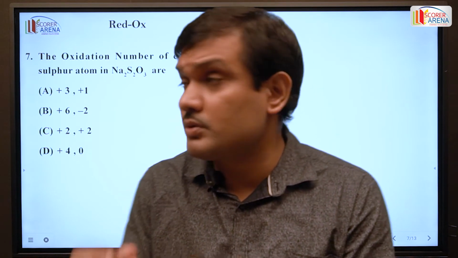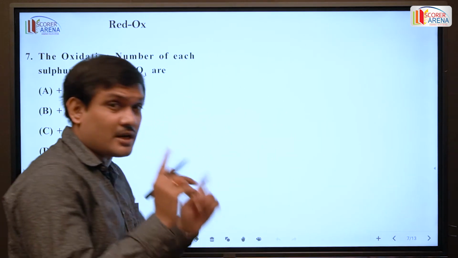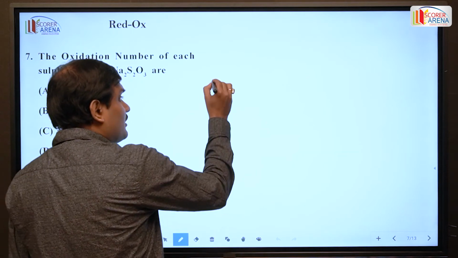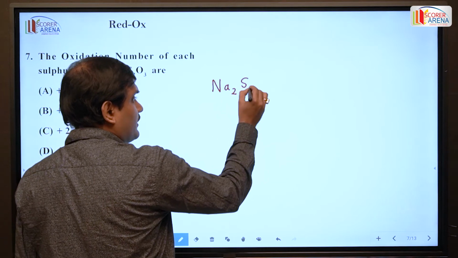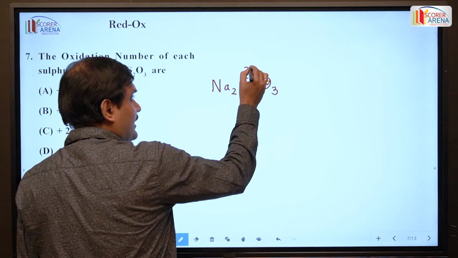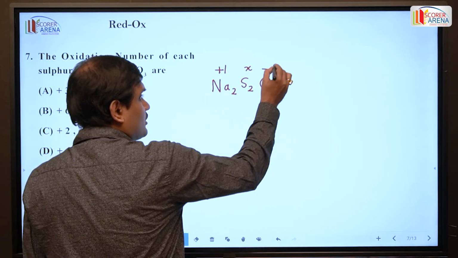If it is said the oxidation number of sulfur atom, that is a separate case. You just take sulfur as X. Just try to differentiate the questions. If it is Na2S2O3 and you take sulfur as X, then we have the relation: sodium plus 1, oxygen minus 2.